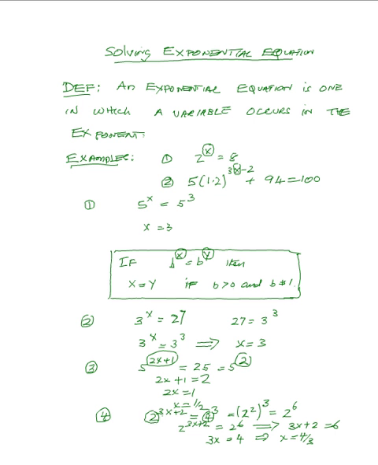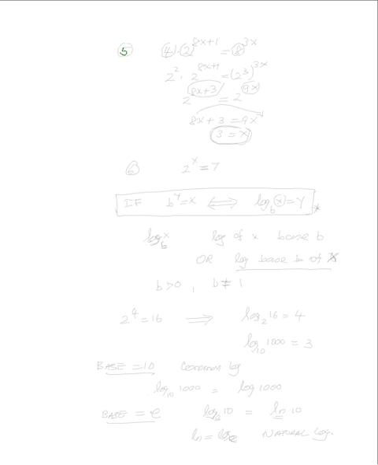Now let's think about another example. Let me call that example 5. We have 4 times 2 to the power 8x plus 1 equals 8 to the power 3x. If you look at these bases, we have 4, 2, and 8.